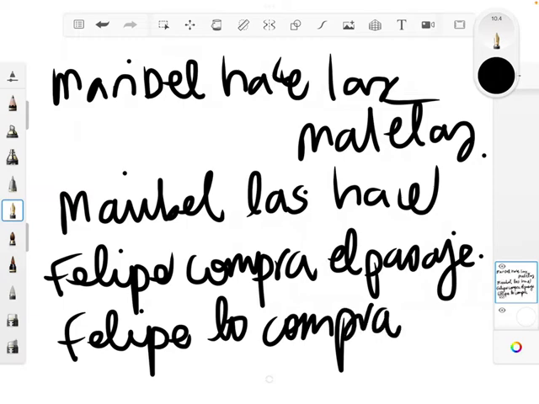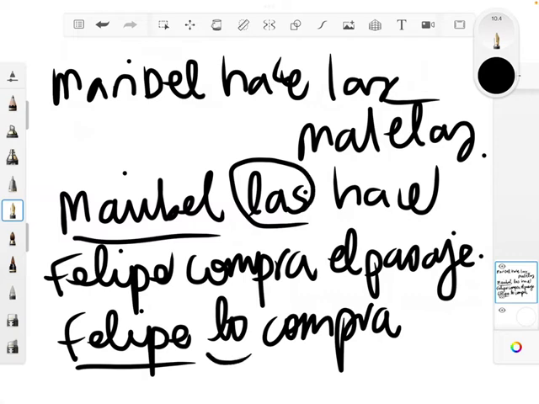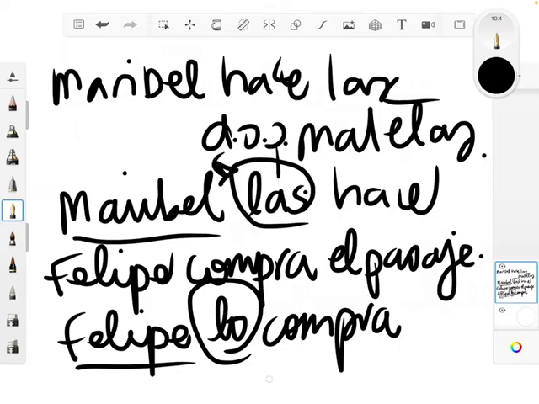So what you might notice here, okay, is that we still have our subject, okay? We have a pronoun, okay, that matches in number and gender, and it's basically replacing the direct object. So this is my direct object pronoun, okay? It's replacing the direct object, okay?